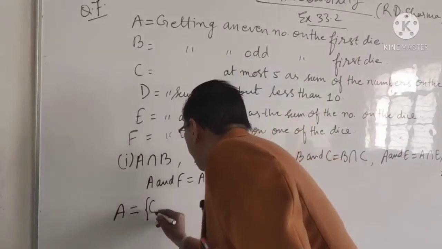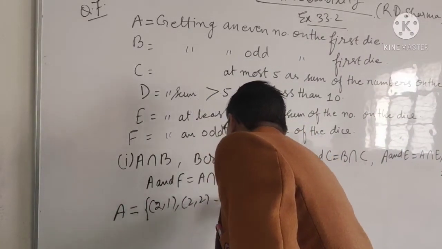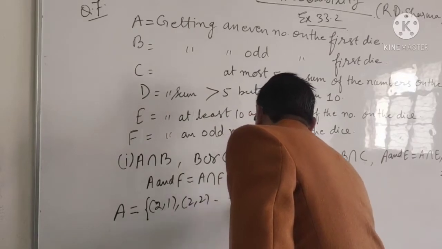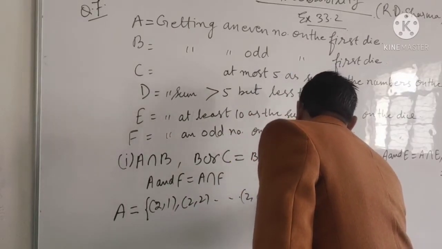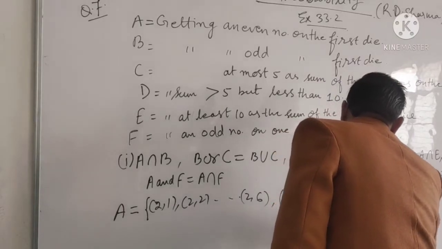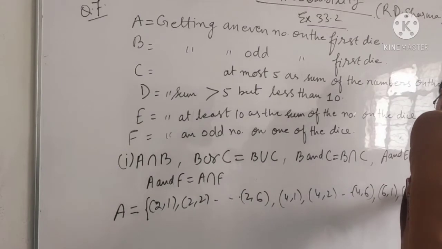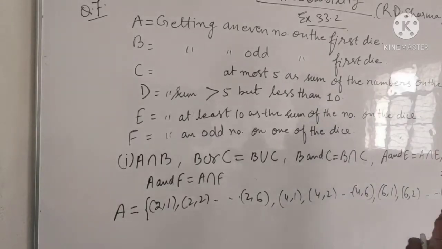The total number of elements is 36. But in A, it means 2,1; 2,2 till 2,6. Then 4,1; 4,2 till 4,6. And 6,1; 6,2 till 6,6.